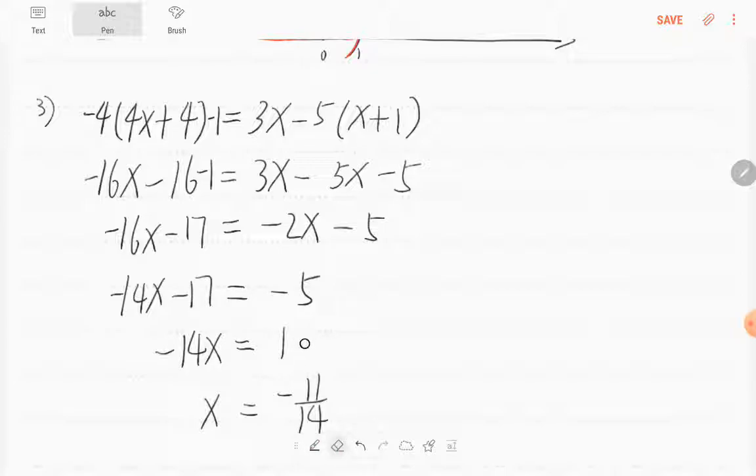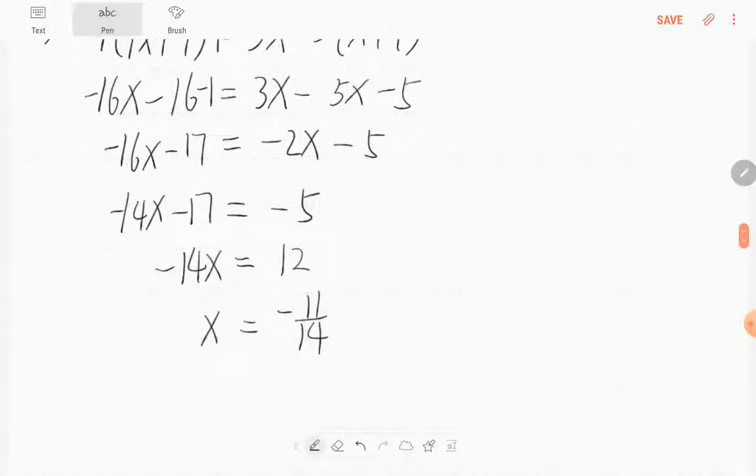So this would be 12. Right? So this is 12. And the problem asks you to reduce your fraction answer to lowest terms. It is not in lowest terms, so you need to simplify it. So the common factor is 2, so it's negative 6 over 7.